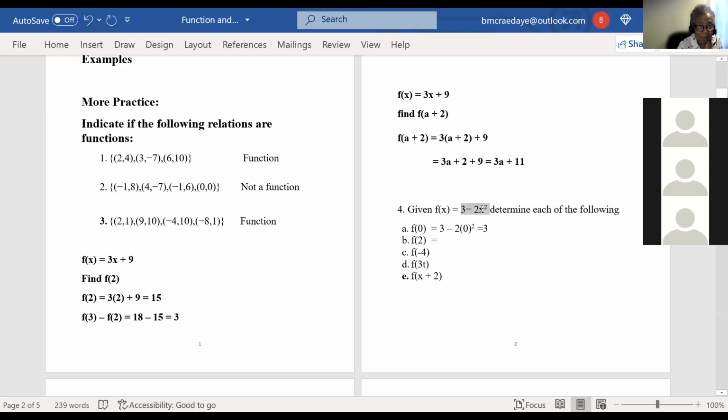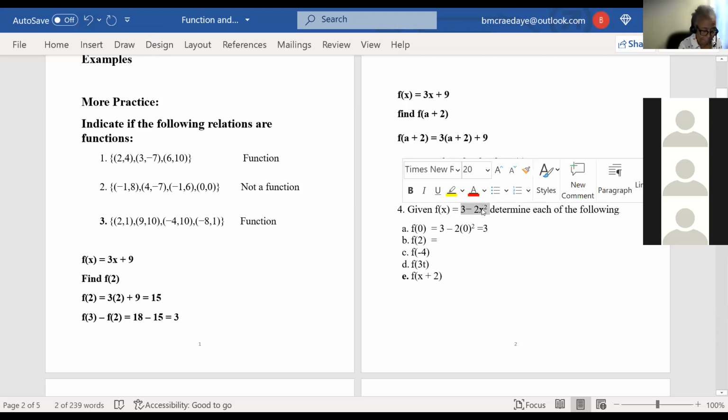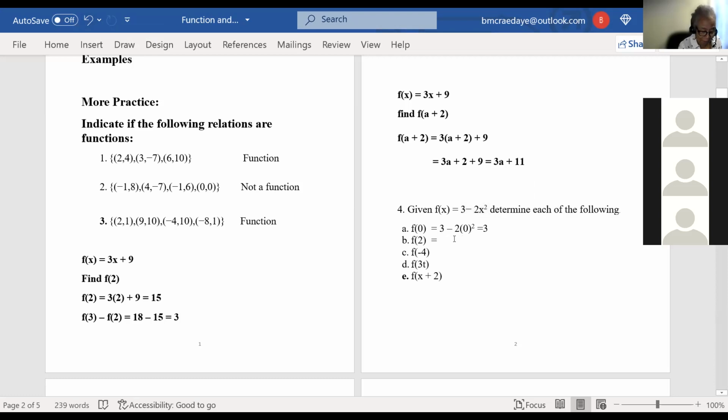Because first we gotta think about PEMDAS, we call it, right? So we do parentheses first. Where the x is, you put the 2.